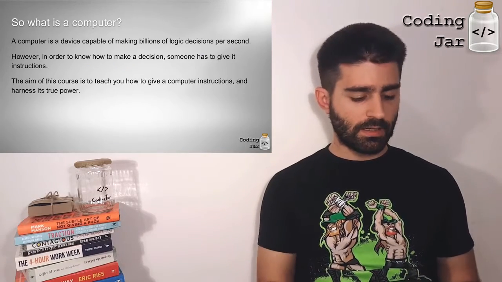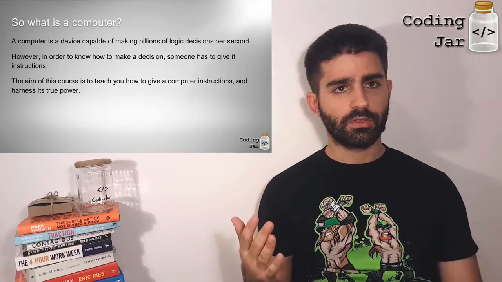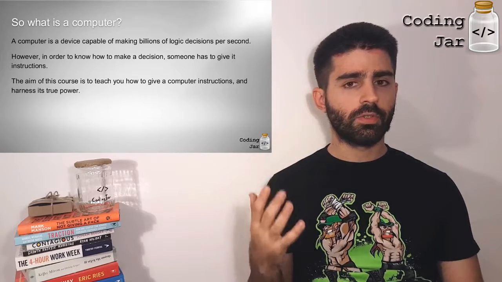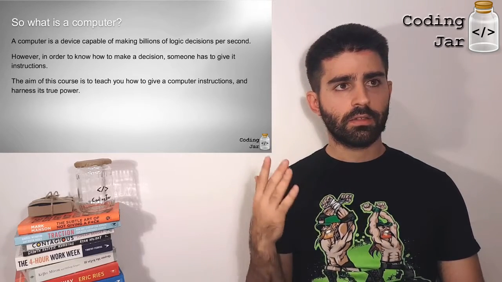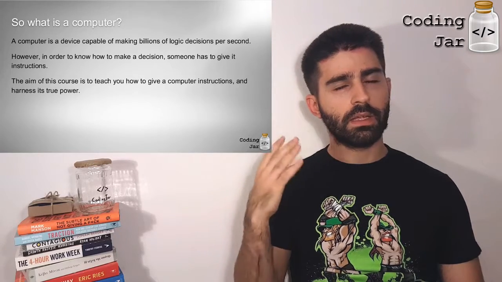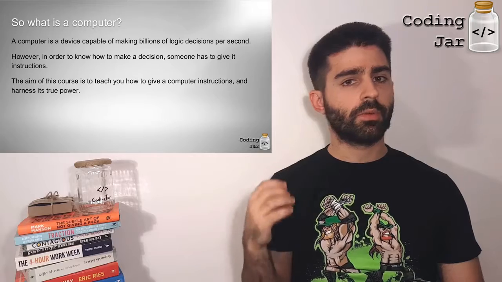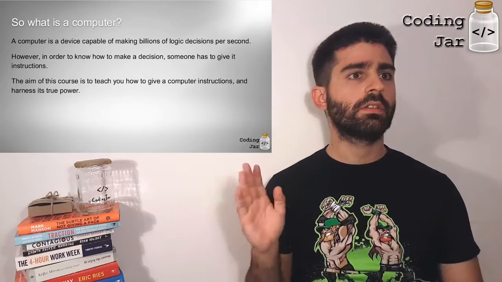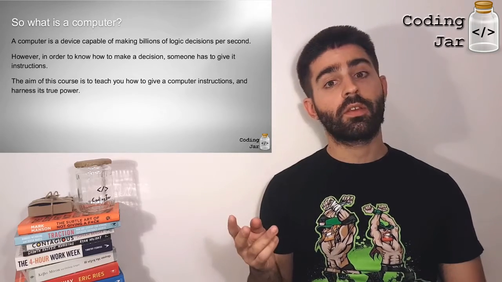So to begin our lesson, what is a computer? In essence, a computer is a machine that can do a very big number of logical operations. What's a logical operation? You can either compare two things to see if something is bigger than something, less than something, greater than, or you can also do arithmetic, like add stuff, subtract stuff.